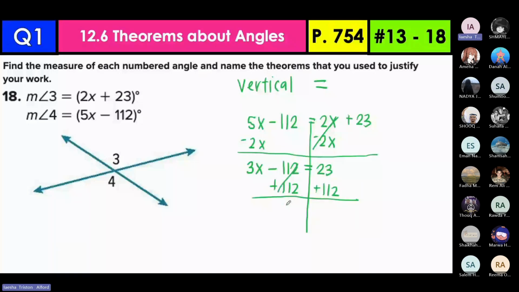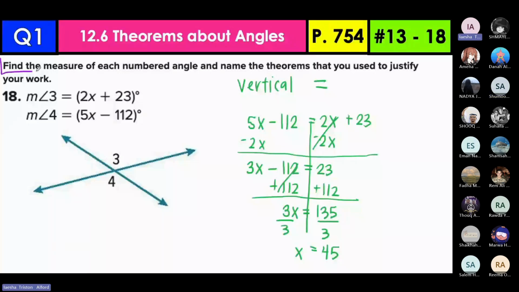This one becomes 0. 3x is equal to 135. Divide by 3, divide by 3. X is equal to 45. What does the question ask you for? Find the measure.